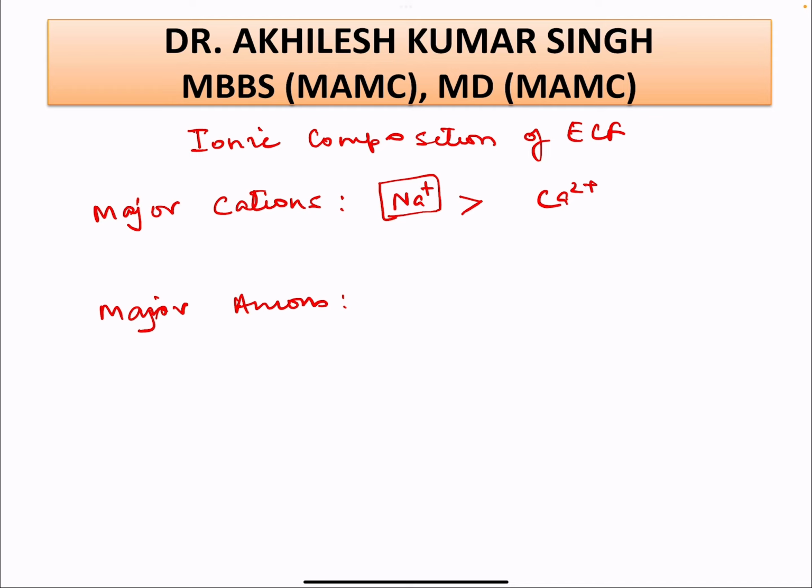Regarding the major anions, anions are those ions which carry the negative charge. The major anions are the chloride anion and the bicarbonate anion. Out of these two, chloride is the major anion of the ECF.